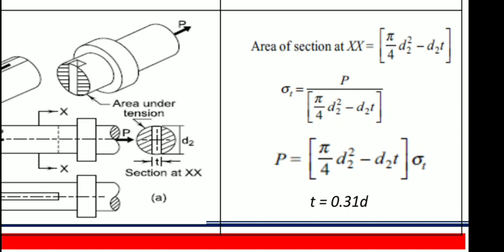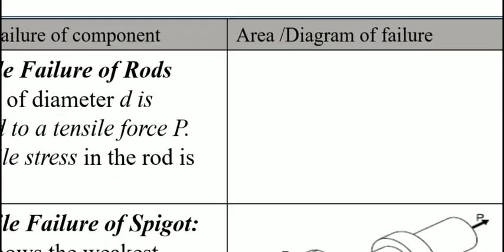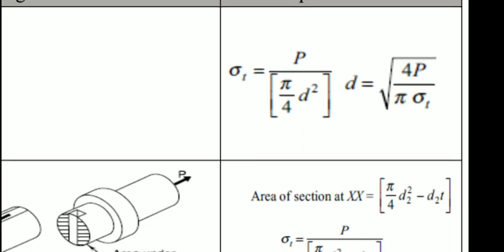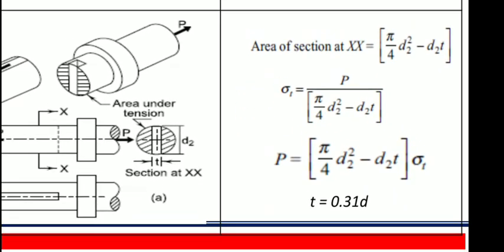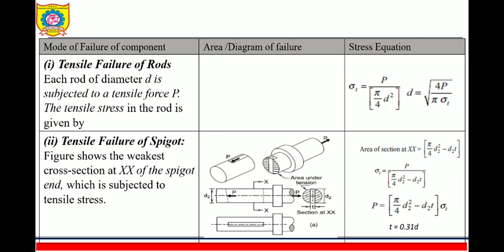So here I have to find out d2, and t is equal to 0.31 d. But in previous row, I have found out the value of d. D is equal to under root 4P upon pi sigma t. So I can put d here, I will get t, and I will put t here. So I will get P is equal to pi by 4 d2 square minus d2 into 0.31 d. So here d2 is unknown only, I can find out the value of d2.